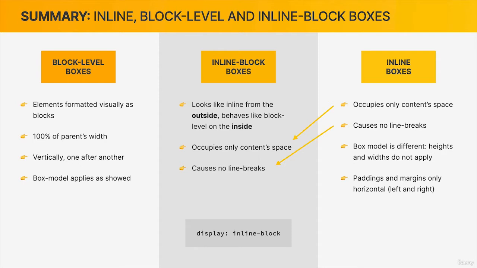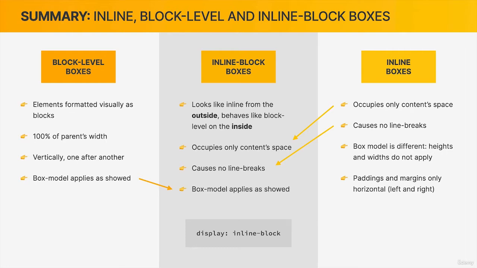However, it behaves like a block level box on the inside. And so the box model applies just as it does for block level boxes. So we can still set height and width, and we can still use margins and paddings just like on block level boxes or on block level elements. These are kind of the same, so I keep using them interchangeably. So essentially, inline block boxes combine the best of both worlds of block level and inline.